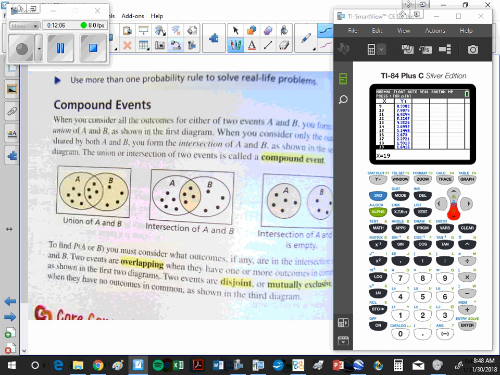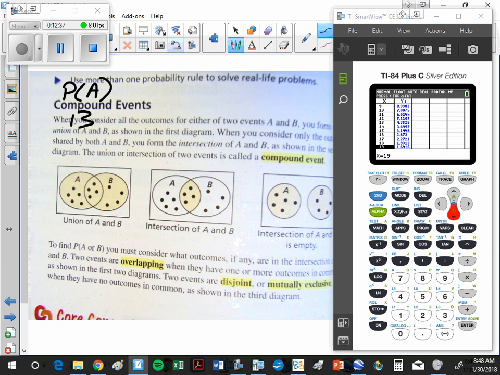If we look at this, how many dots are there total in the first one? So this one has 13 dots. So let's say every dot was a different number. What is the probability if we reach into this bag and pull out a number that A happens? What is the probability of A?